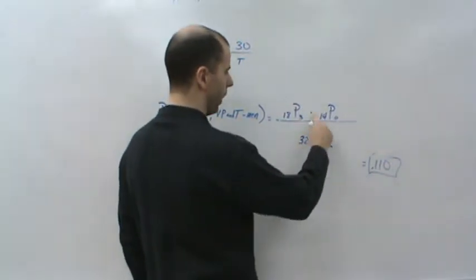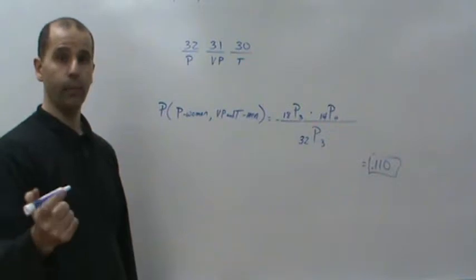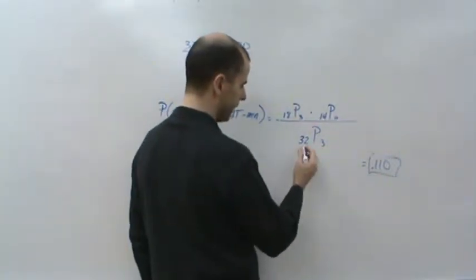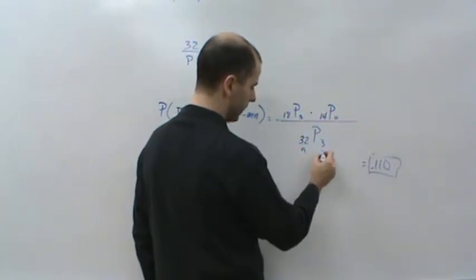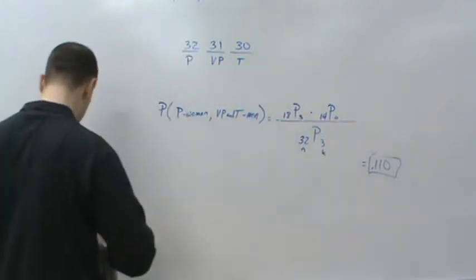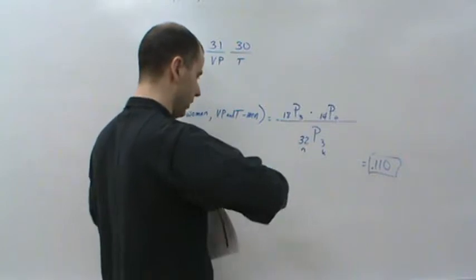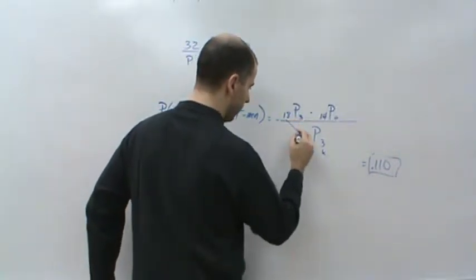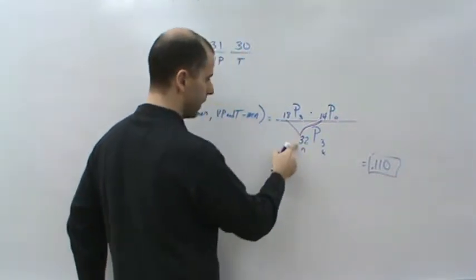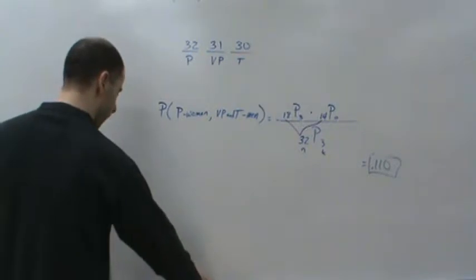You might ask yourself, why do we even include that if it's always 1? When you're choosing 0, it's always 1. Because I want to show you something here. Look at these 2 numbers. This is n, and this is k. This n and this n should always add up to 32. 18 and 14 add up to 32.